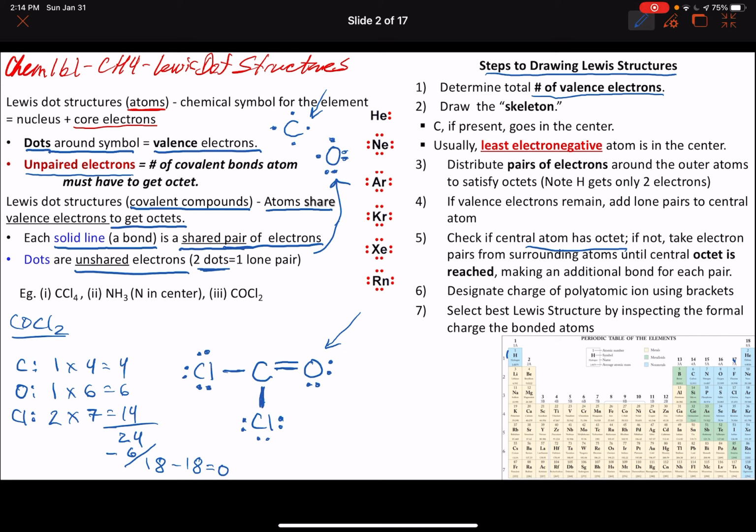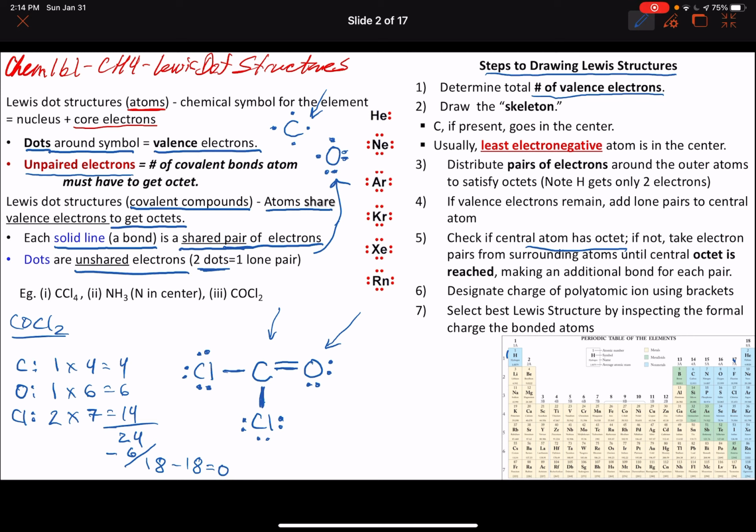By doing this, by borrowing a pair of electrons, we've now put an extra pair of electrons near carbon. Carbon now has 2, 4, 6, 8 from the double bond. We now have an octet near that carbon. You might be wondering what happened to the oxygen. It sort of lost a lone pair.